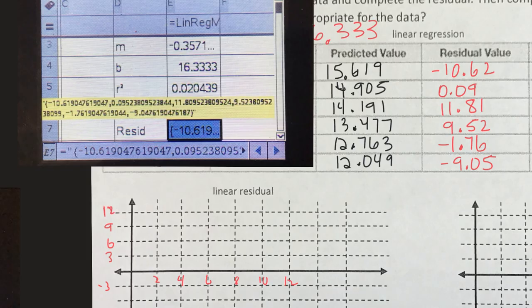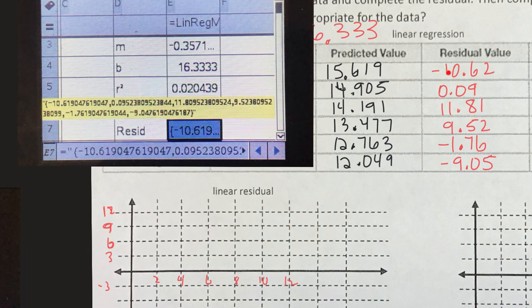So you get to decide how you want to partition or label your axes. This is how I've chosen to label my axis, based upon our Y values, because we want to get them all on the plot.